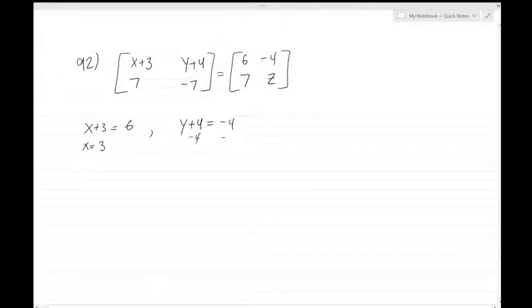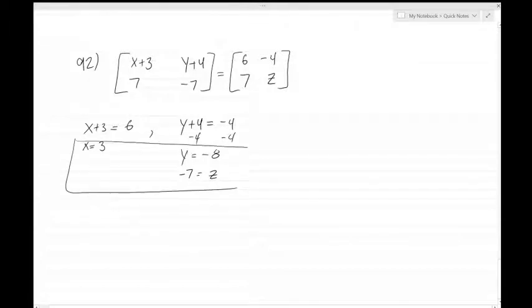And if we solve this, we get that y is equal to -8. Then we have -7 equals z, and we're done. We have found the 3 variables that are unknown. Okay?